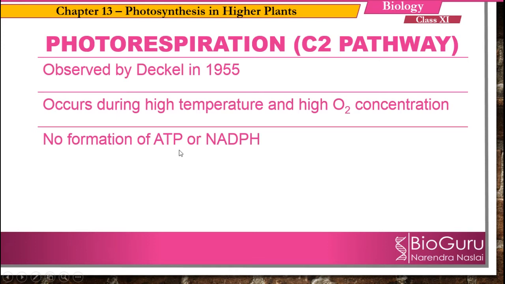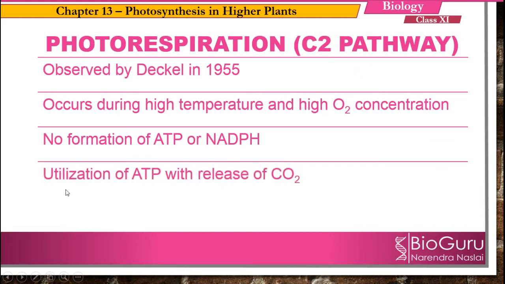Till now we have seen that in the light reaction, ATP and NADPH are produced, but they are utilized in the C4 cycle in order to produce carbohydrate. Here there is no formation of ATP or NADPH, but still the reaction is taking place. Here there is a utilization of ATP with the release of carbon dioxide.